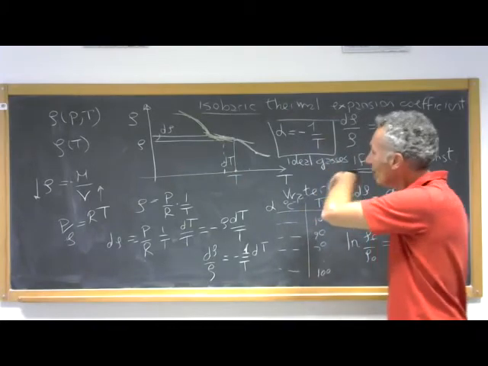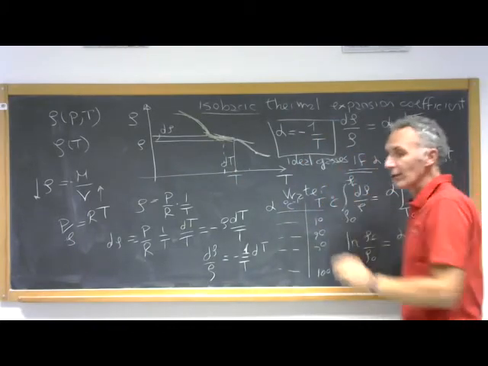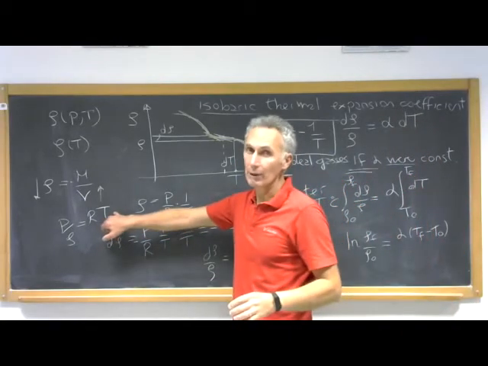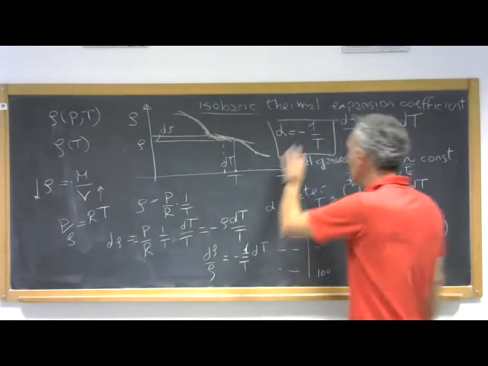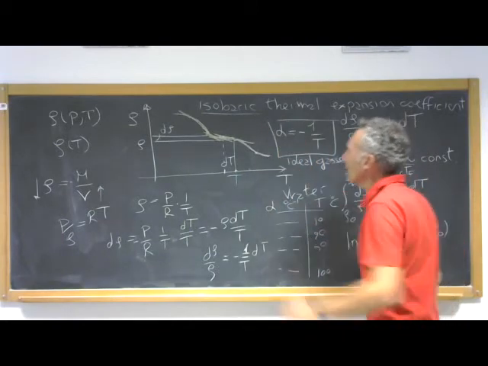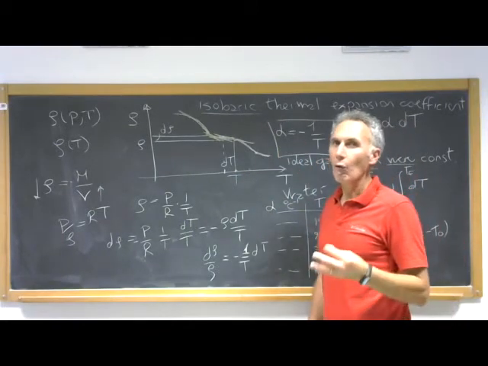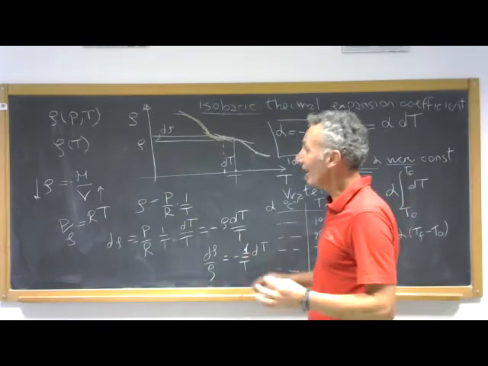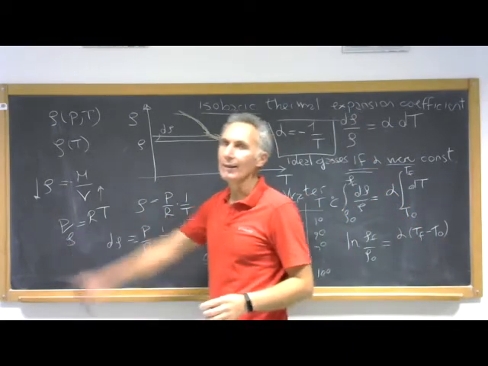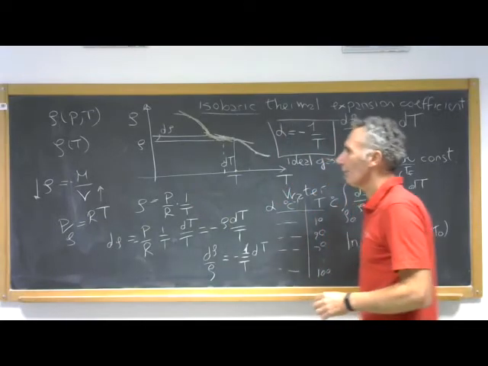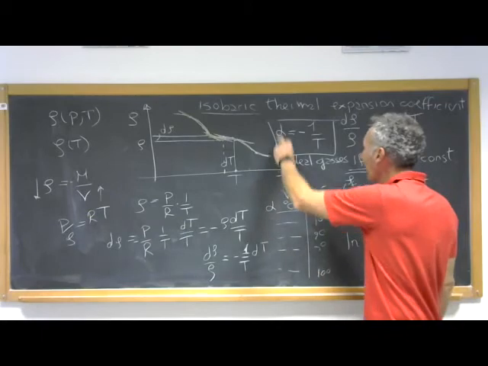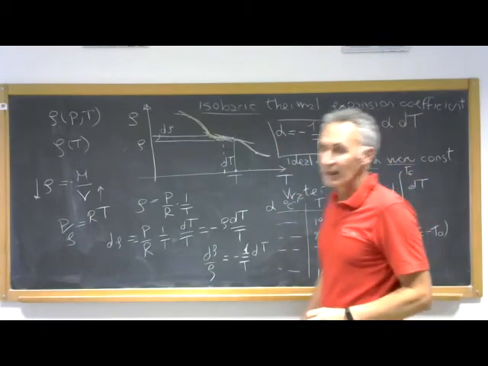Now, you might notice that this function is minus 1 by T, where T is the absolute temperature. And as you can see, there is no indication here of what specific gas we are handling.